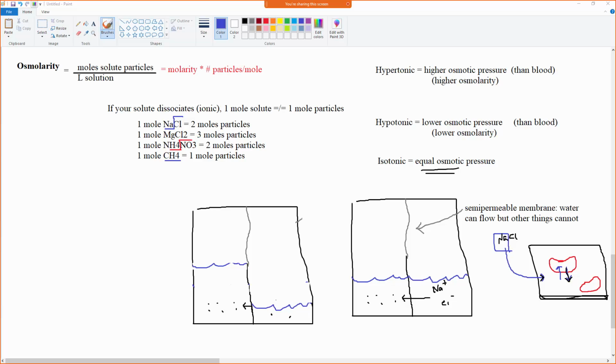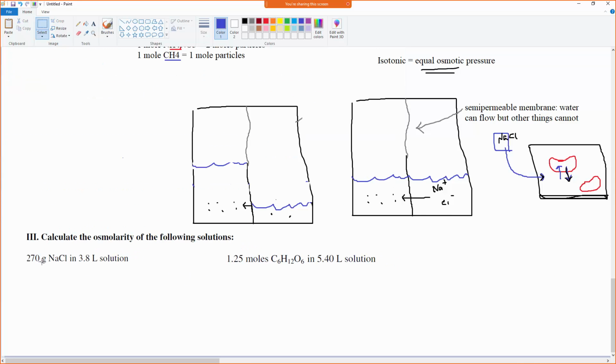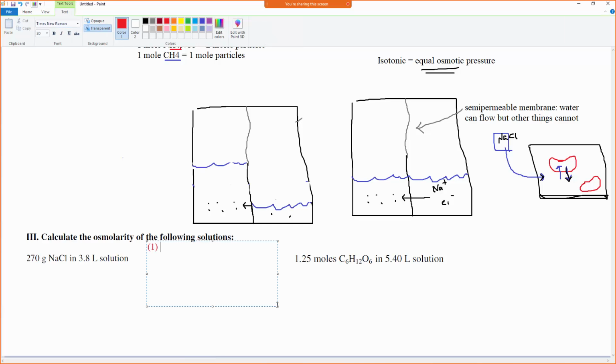So we've got to practice this because we've got more to cover, but let's do at least one problem here. Calculate the osmolarity of the following solutions. This is again from your worksheet. If we've got 270 grams of sodium chloride in 3.8 liters of solution, or if we have 1.25 moles of sugar in 5.4 liters of solution, to calculate the osmolarity, you're going to remember step 1, calculate molarity, which you guys should already be really good at.